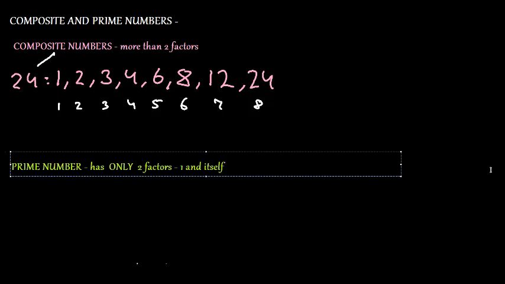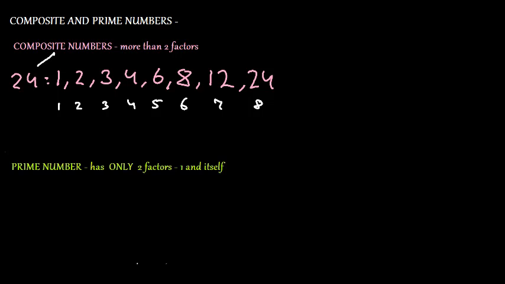So for example, if we used the number 5 as an example, we see that 5 only has 2 factors, 1 and 5. So the factors of 5 are 1 and itself, because 5 and 5 are the same. Only 2 factors, so that means that 5 is a prime number. So now we know what factors are and the 2 types of numbers.